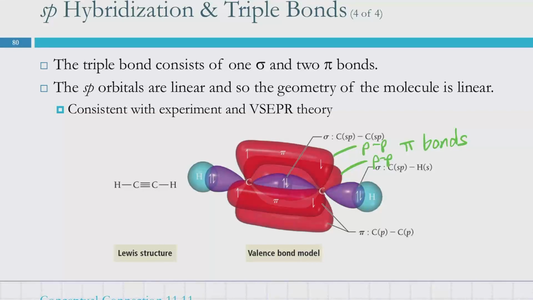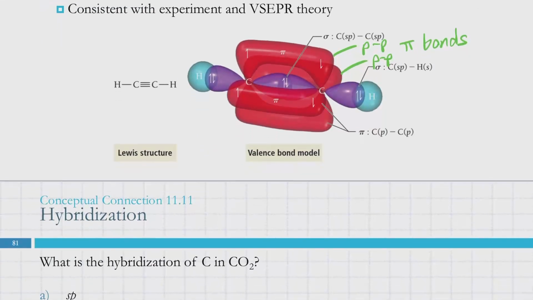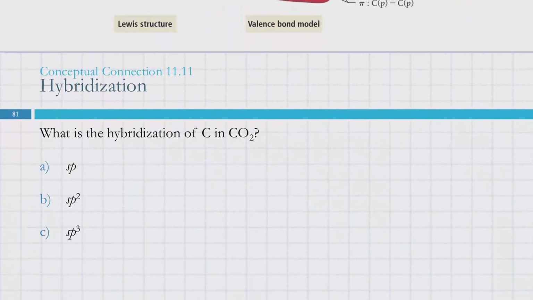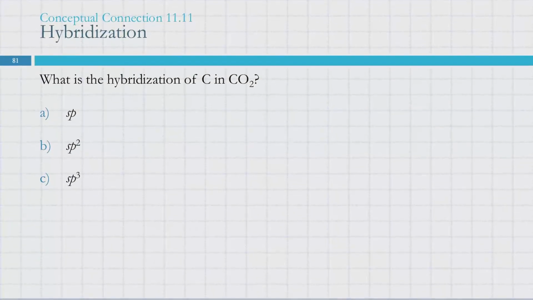If we twist them, they're going to break that overlap. They're going to lose their overlap. That's not going to fly. So that would result in breaking both of our pi bonds. It's definitely not going to happen. So that's our third of our relatively simpler cases.